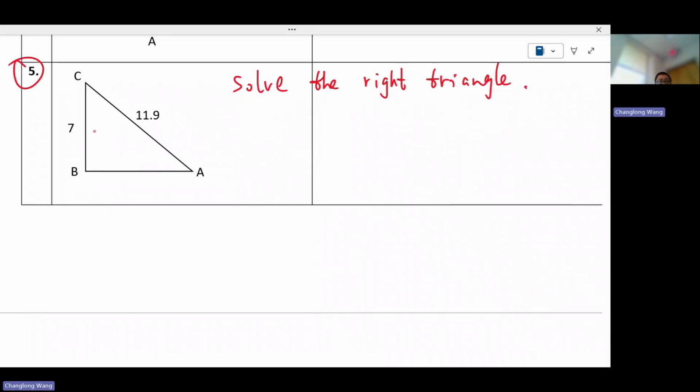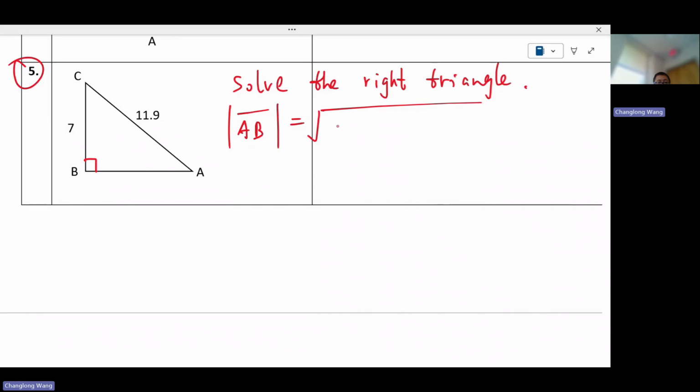If you see that we have a right angle and 2 sides already given, one of the shorter sides and the hypotenuse, maybe finding the missing side is more intuitive, so you can just use the Pythagorean theorem.